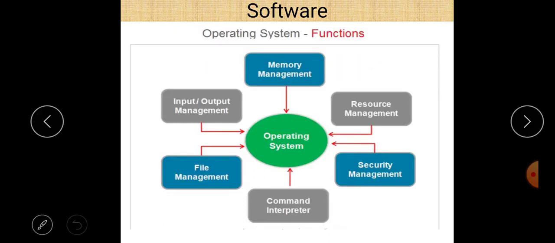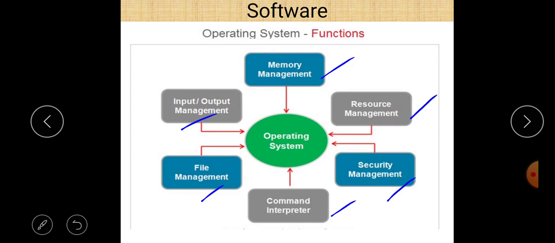Now, the task of the operating system, or the functions of the operating system. So the main functions of the operating system are memory management, resource management, security management, command interpreter, file management, input output management. All works related to input output devices such as keyboard, mouse, joystick, scanner, printer are managed by the operating system.